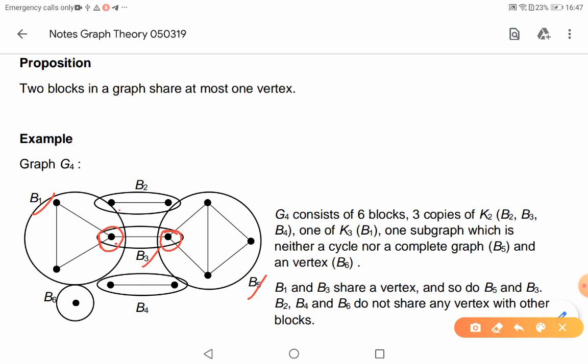And for this other graph, there are 1 block, 2 blocks, and 3 blocks. B1 and B2 share a vertex, and so do B6 and B5 and B3. But B2, B4, and B6 do not share any vertex with other blocks.